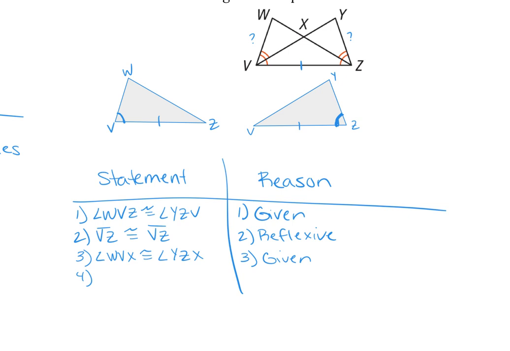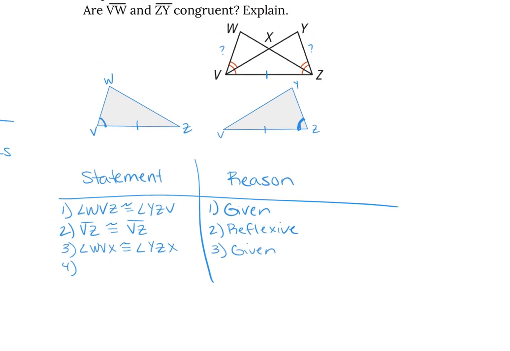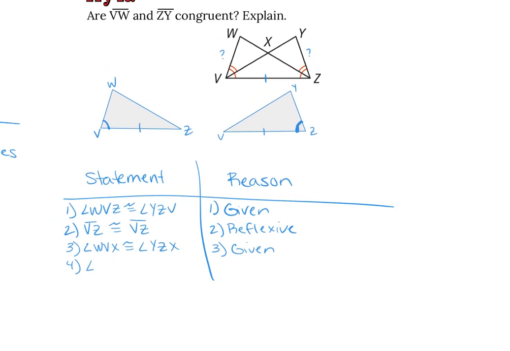Okay, because they gave me that previous angle, I know that angle WZV is congruent to angle ZYV. So angle WZV, this section right here, would be congruent to this. Okay, and I know that through the angle addition postulate.